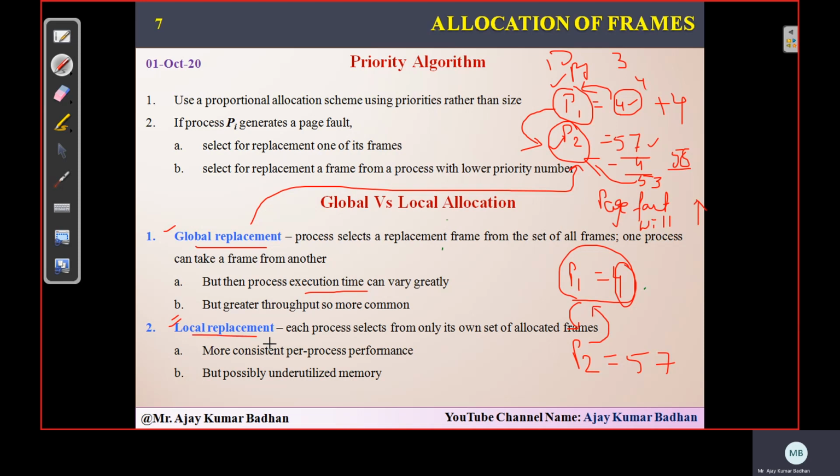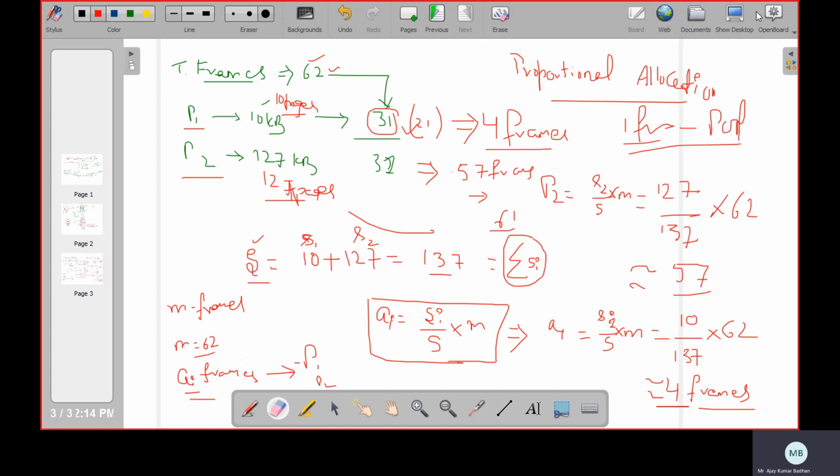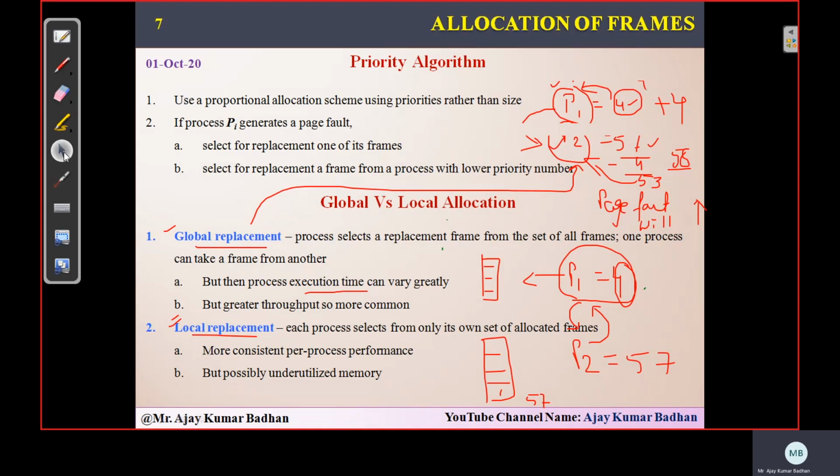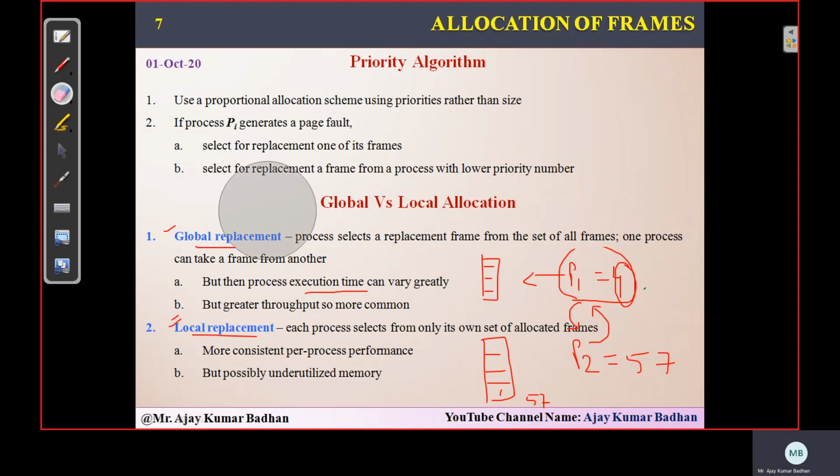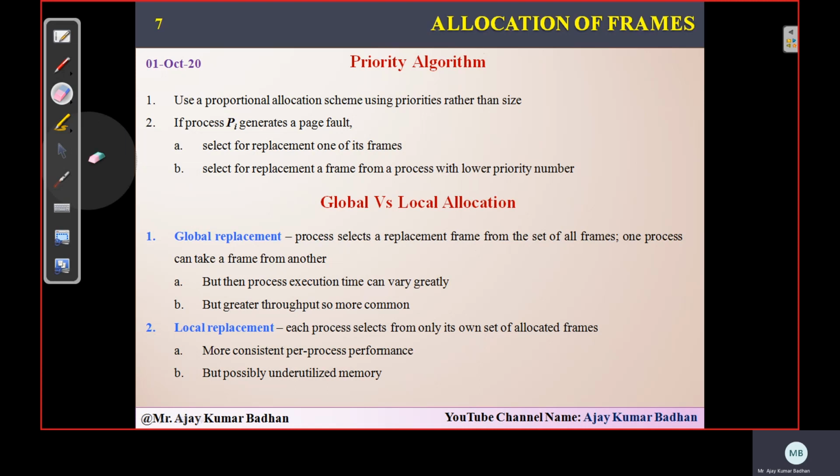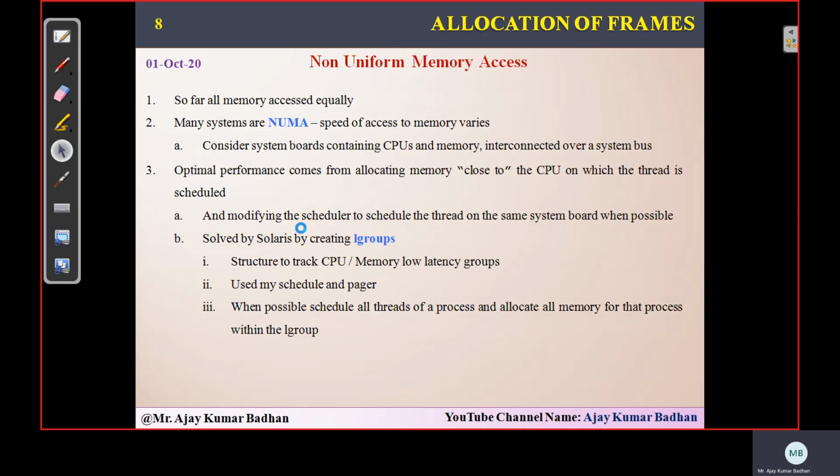That is what is called local replacement. Whatever pages process P1 wants to replace, he has to do it within these 4 frames only. And whatever page replacement process P2 wants to do, he can do it only within the 57 frames these processes are having. Apart from that, they cannot try to access other frames. I hope it's very clear till here. That is what we call global versus local allocation.